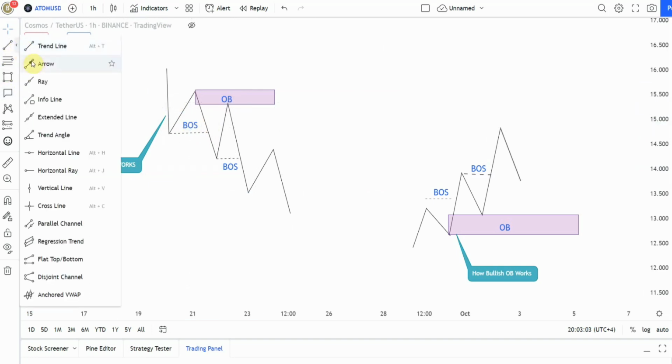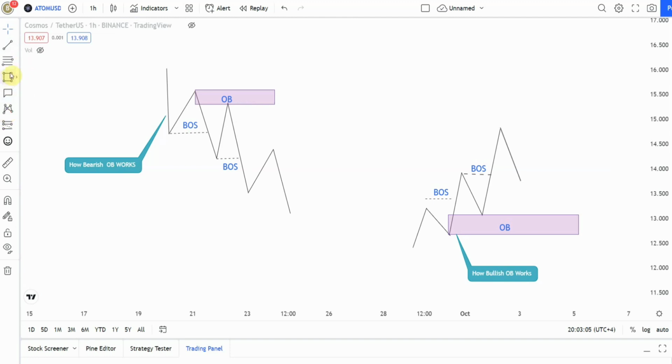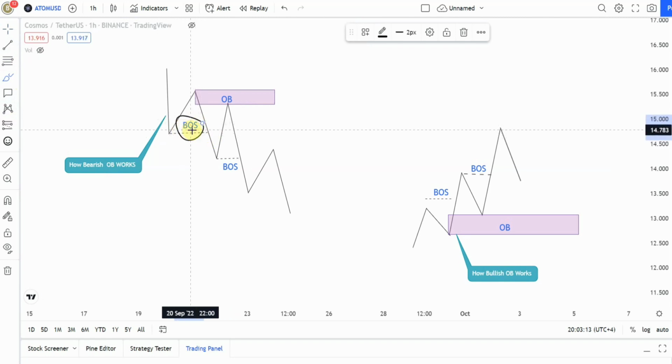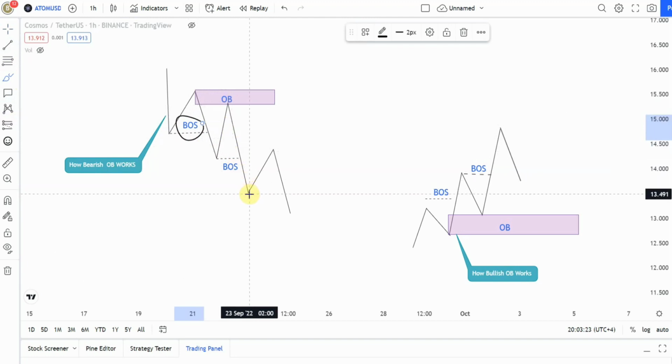Now if we have a break of structure, after a break of structure you expect a retest. From the retest, it will go more down.